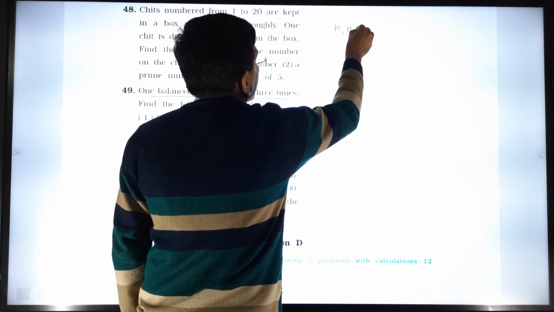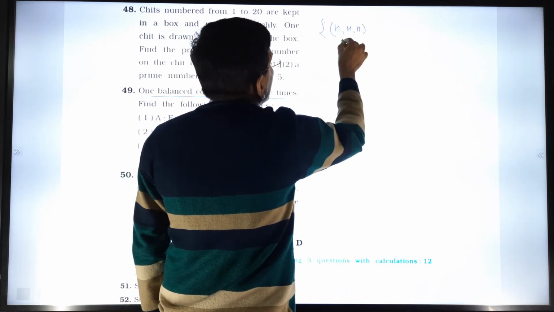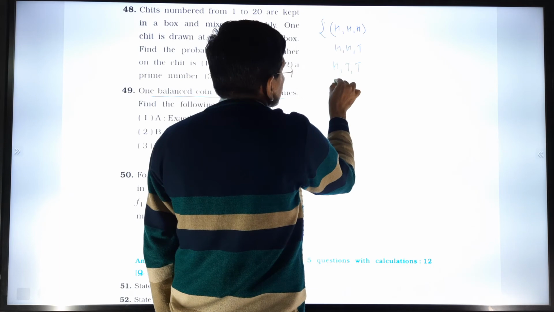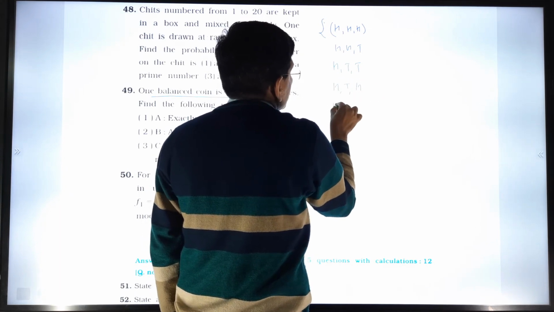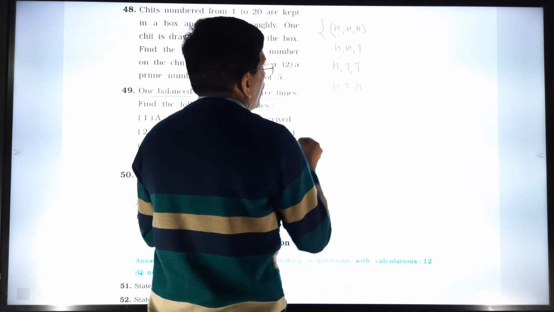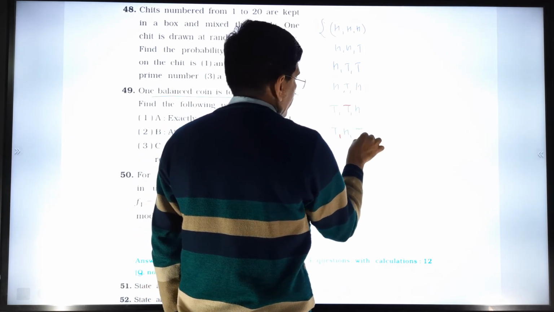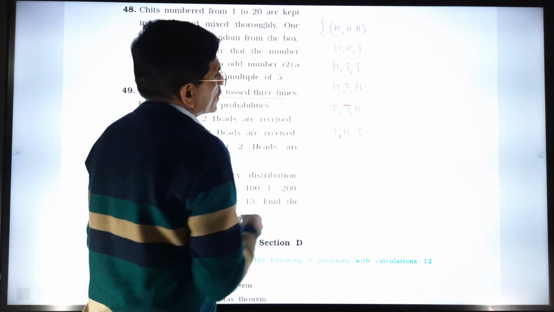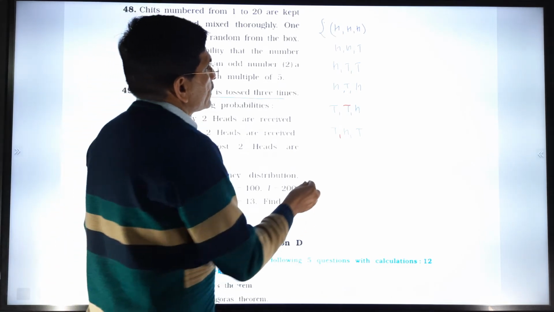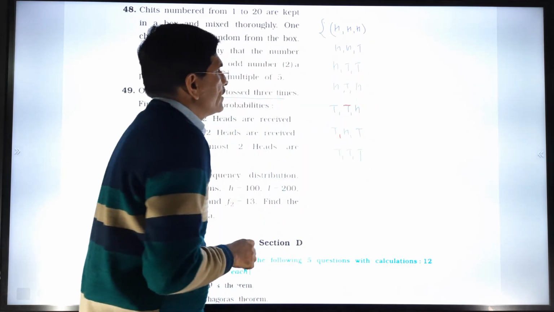So head, head, head; head, head, tail; head, tail, head; head, tail, tail; tail, head, head; tail, head, tail; tail, tail, head. 1, 2, 3, 4, 5, 6 and still 1 is remaining.